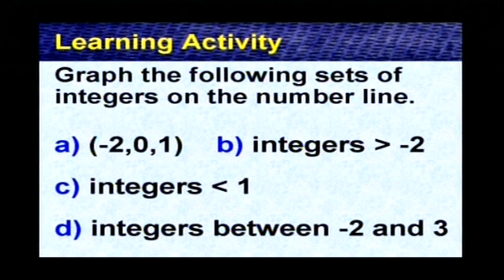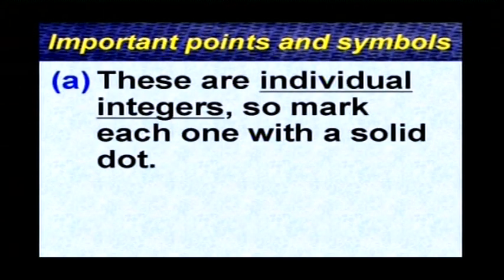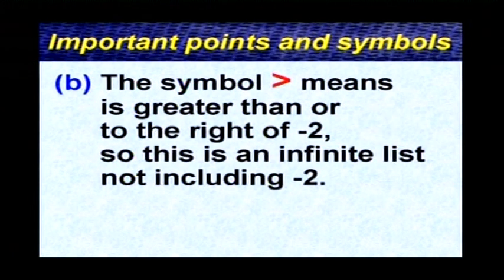So remember, when you come across exercises that are written out like this, they are called individual integers, or single numbers, but they are whole numbers. B, the symbol means is greater than or to the right of -2. So this is an infinite list not including -2.